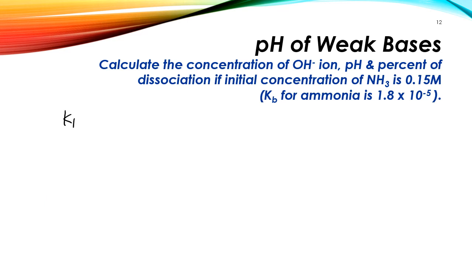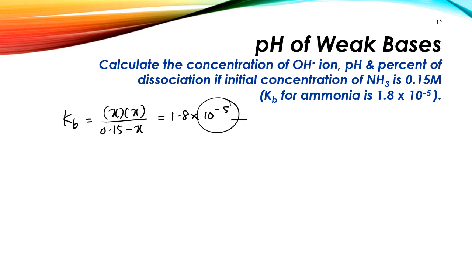From the Kb expression, we have X squared divided by 0.15 minus X, that is equal to 1.8 exponent negative 5. Since the value of Kb is exponent negative 5, we can assume this value is very small. Thus, we will use the assumption or approximation method.